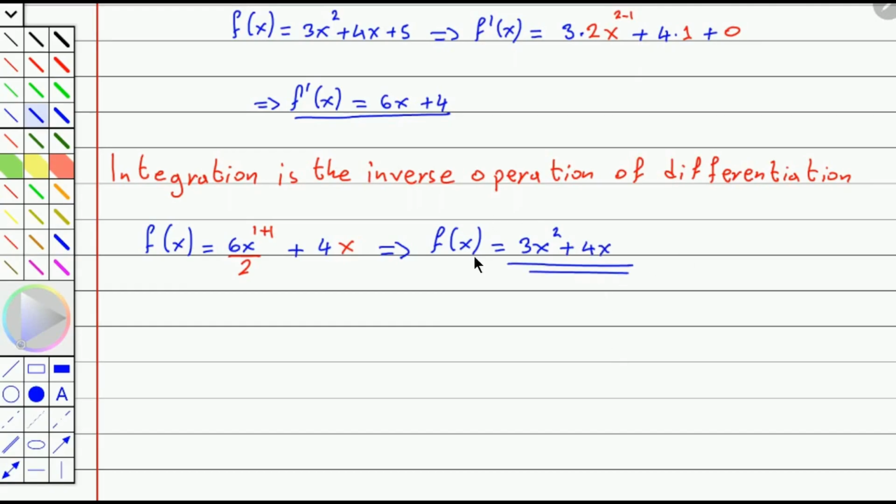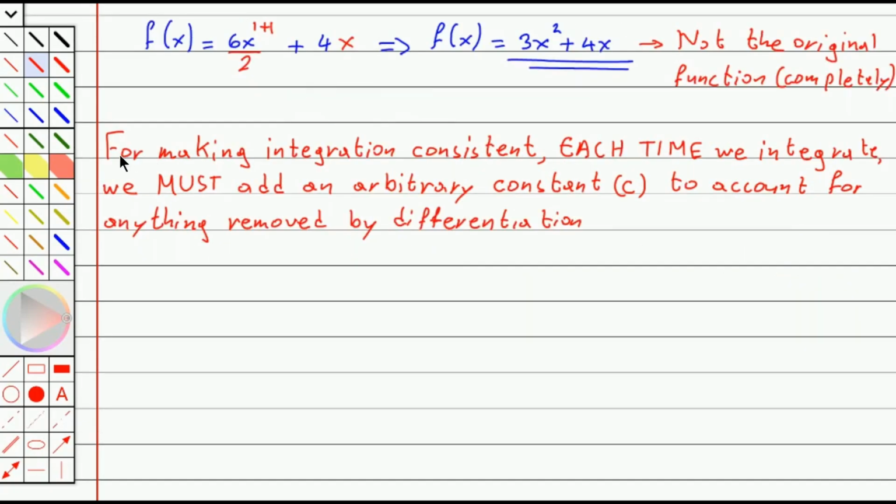Yes, but we notice that this original function and the actual original function are not exactly the same. So this is not the original function, at least completely. So in order to make the integration consistent, each time that we integrate, we must add an arbitrary constant c to account for anything that is removed during differentiation.